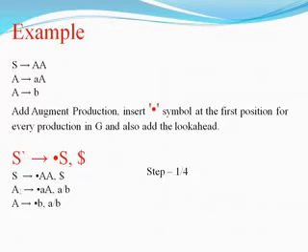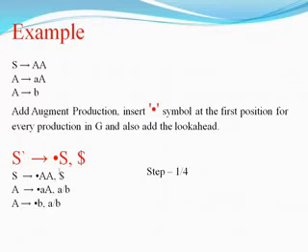Next, A tends to a, A tends to b. This A production has two small letters, a and b, which are terminal symbols. So I have written comma a by b: A tends to dot b, comma a by b. The reason for writing a by b is that the A grammar has two characters, one is a and one is b.